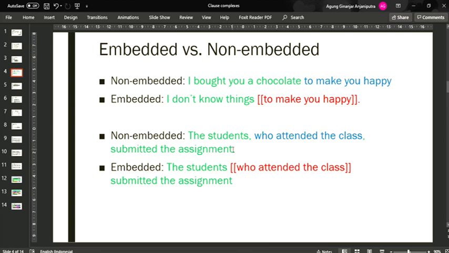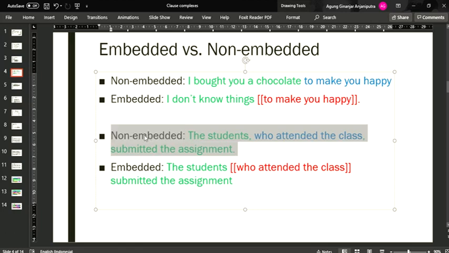In the first sentence, usually in traditional grammar this refers to non-restrictive, where this clause is just to give additional information, which is not really important.